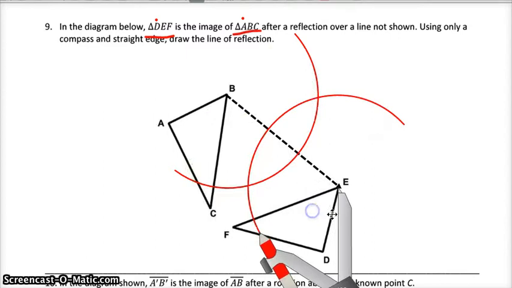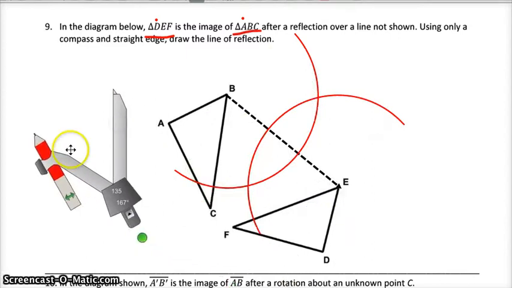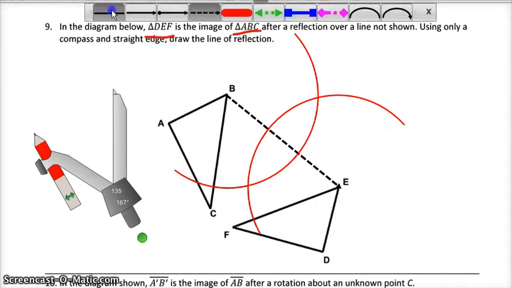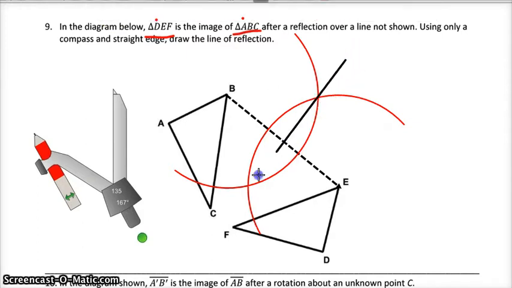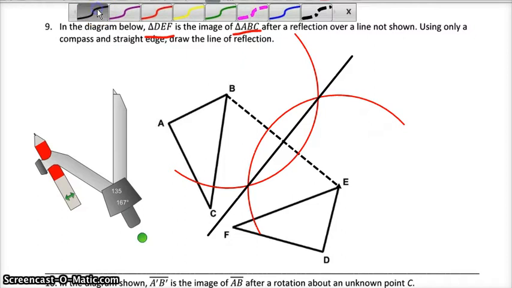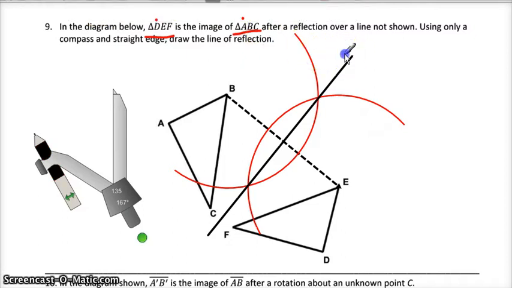Notice I did not change the length of my compass size at all. I only go from a new point, but we draw the line that connects through, and yours would be a little bit straighter. Usually line up your straight edge, and to be totally safe, we're going to add arrows just because a line of reflection goes on forever.